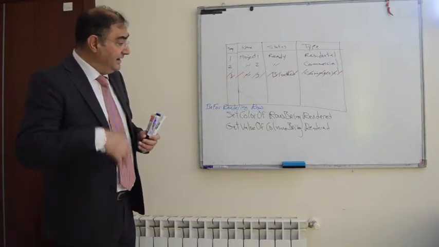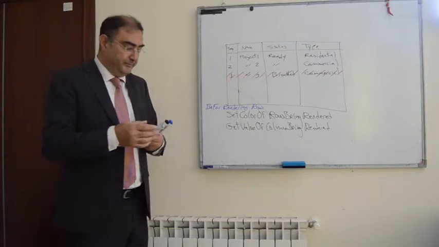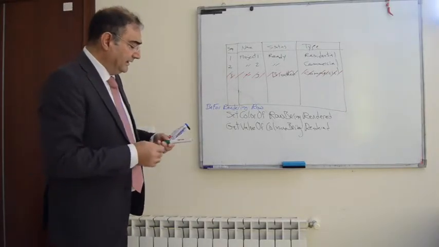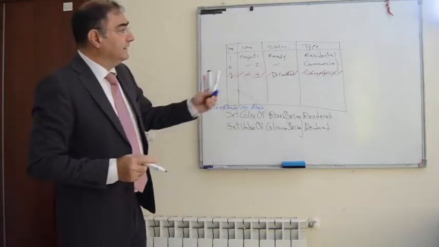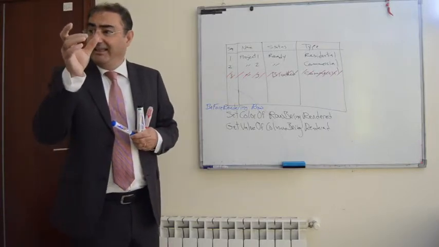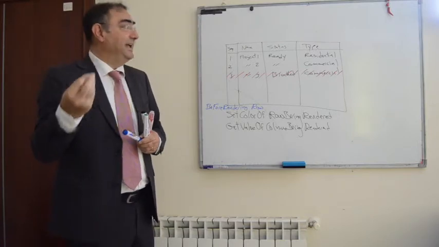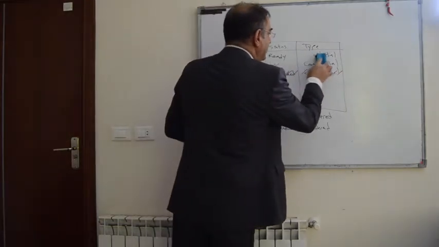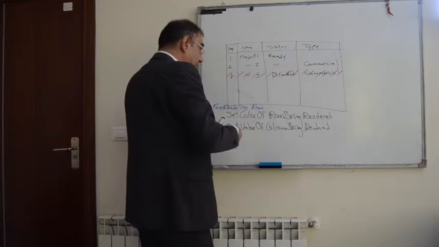Now, there is another function in rendering. Before we talk about the function, let me say that we will want to highlight a column, not the whole row. We want to highlight a specific column. Let me say that every single thing that is residential, I'm going to write it in blue.